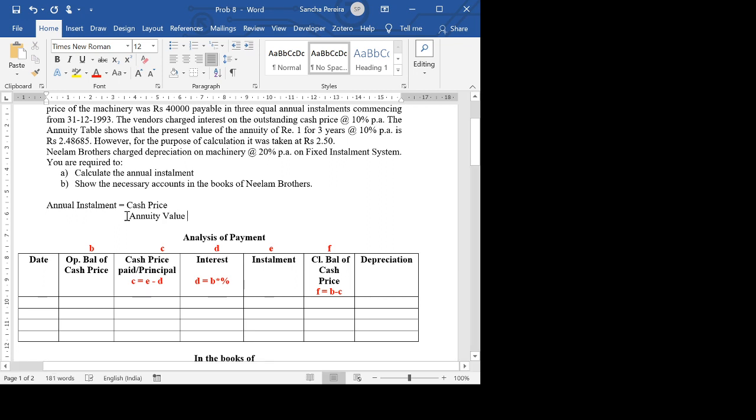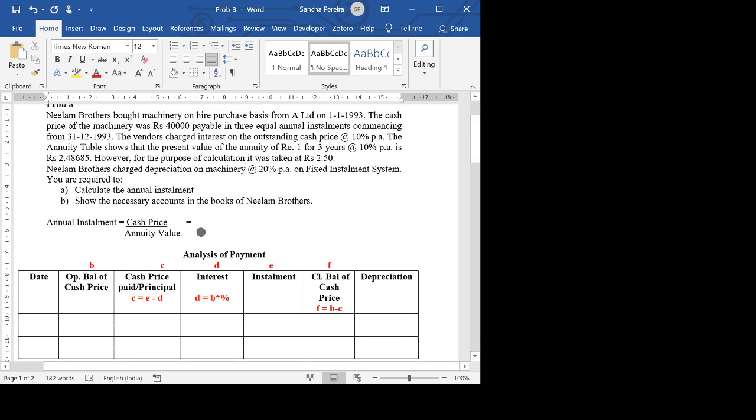So the annual installment equals the cash price, which they've said is 40,000, divided by the annuity value, which they've said to take as 2.50. 40,000 divided by 2.50 gives me 16,000. So each installment is 16,000.